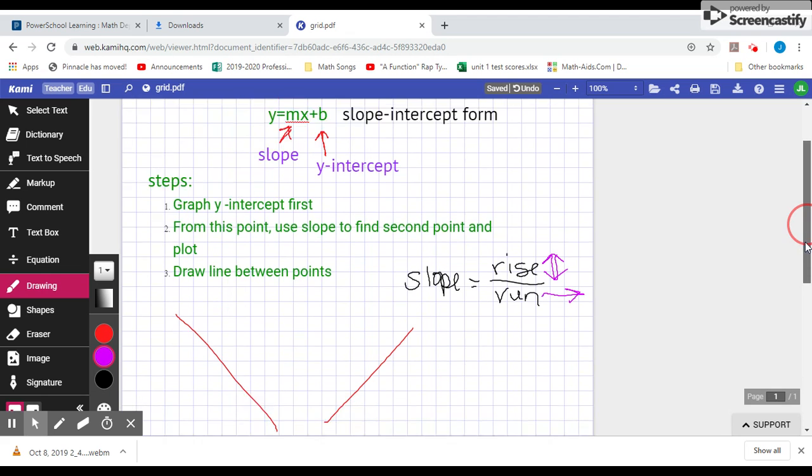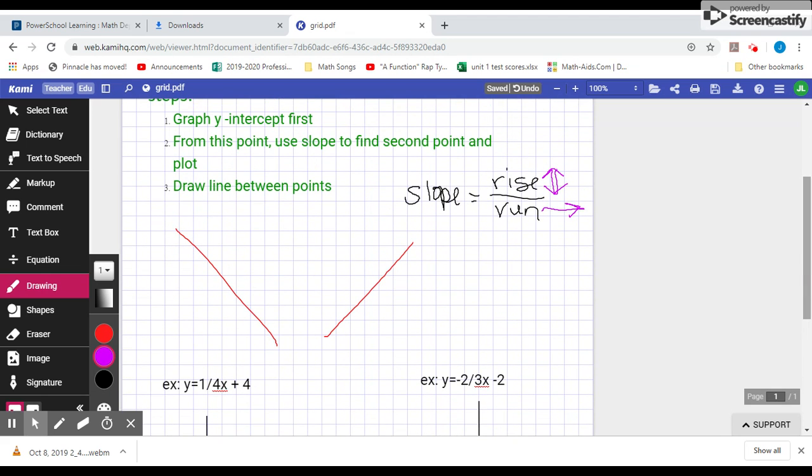When you graph a line, if your slope is negative, your line is going to be tilted this way. If your slope is positive, we know our line is going to be tilted this way.